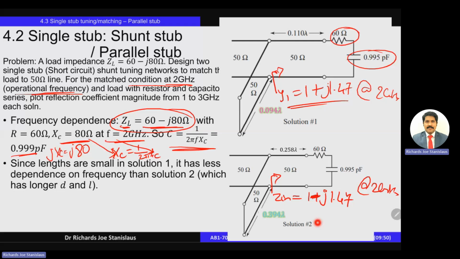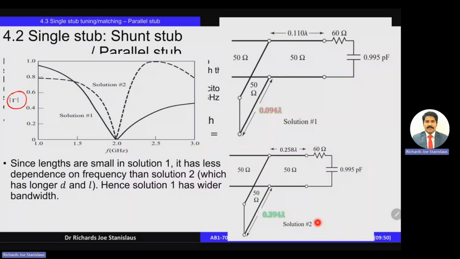It would not be exactly 1 either; the real part will be offset. Because of that, an impedance mismatch will be there, and that is observed in the reflection coefficient that has been plotted as a function of frequency for this fixed length corresponding to 2 gigahertz, right? So the reflection coefficient will have different values for both solutions.